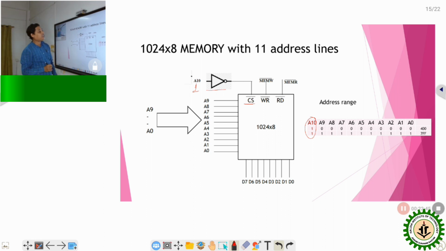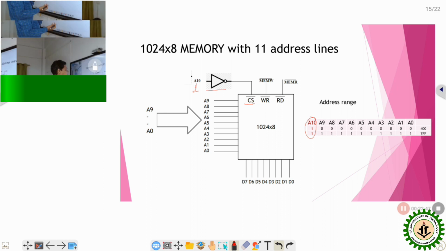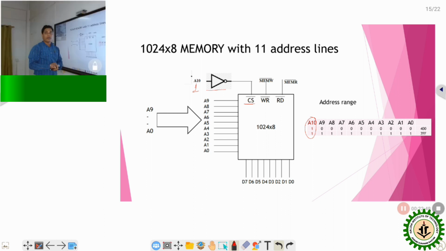So in this case, the address for A0 to A9 will remain the same, varying from minimum value to maximum value. As A10 becomes 1, now the address will change. Its first address will be 400 in hexadecimal to 7FF, that is, the last address of the memory will be 7FF.